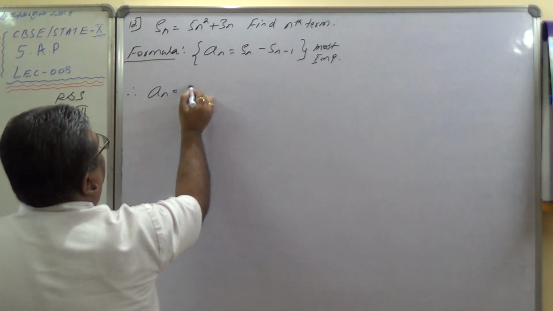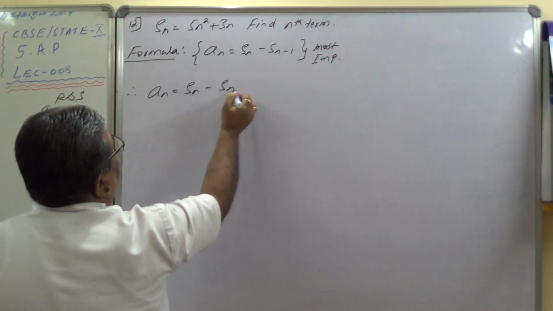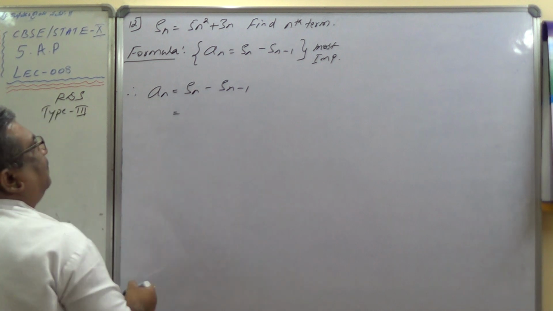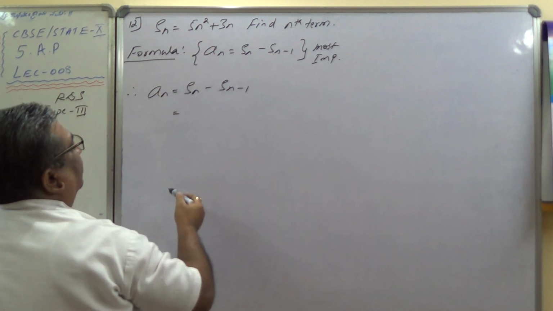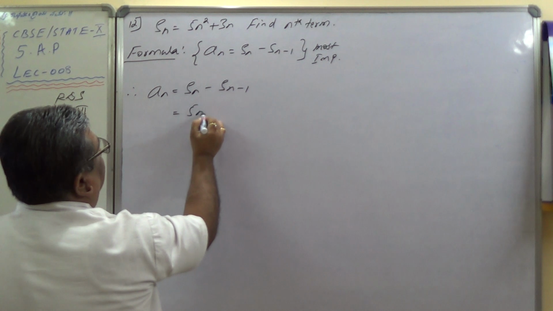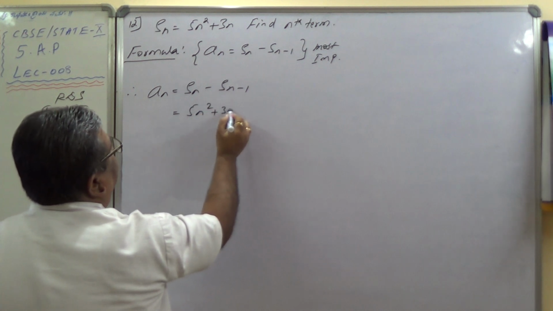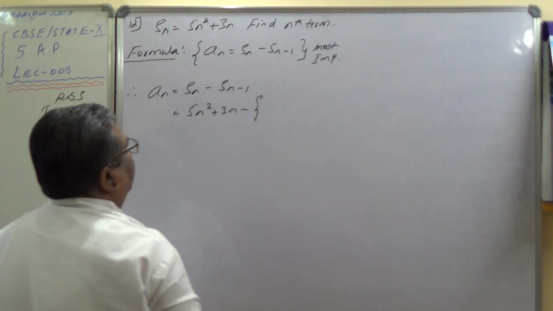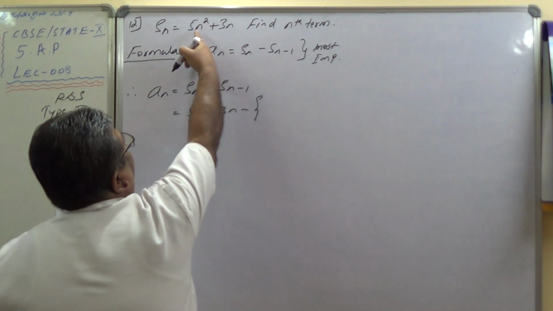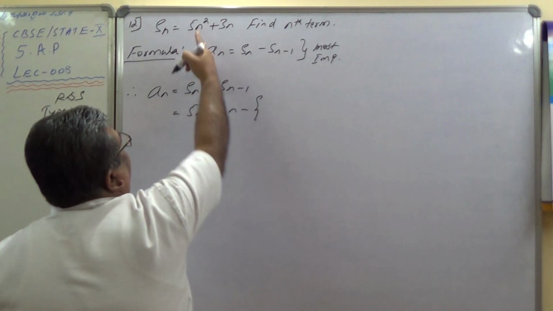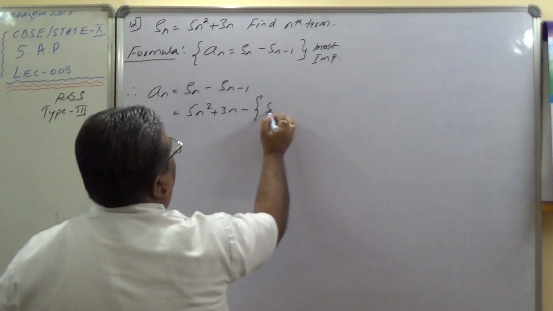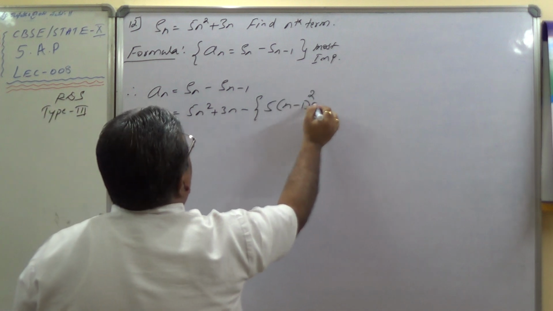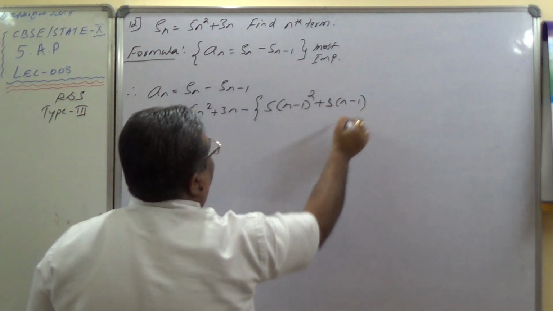An equals Sn minus Sn minus 1, which is, Sn is given to you, 5n square plus 3n, minus into bracket n minus 1. Wherever n is there in Sn, put n minus 1. 5 times (n minus 1) square plus 3 times (n minus 1).